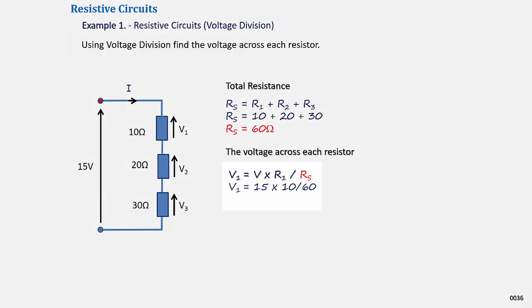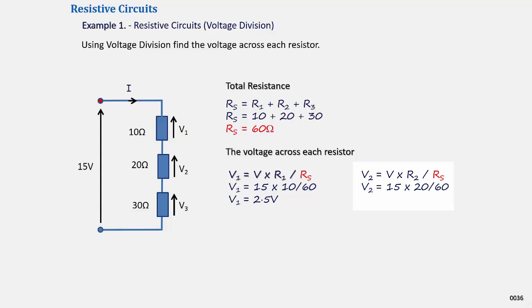Substituting the values in the first equation, V1 equals 15 times 10 divided by 60, which equals 2.5 volts. V2 equals V times R2 divided by Rs.